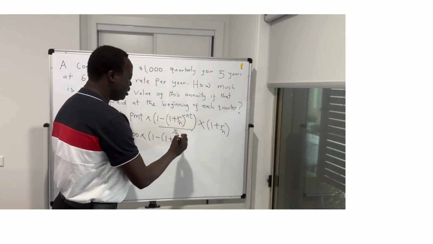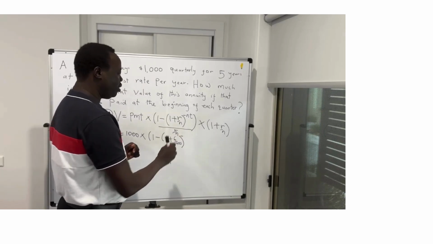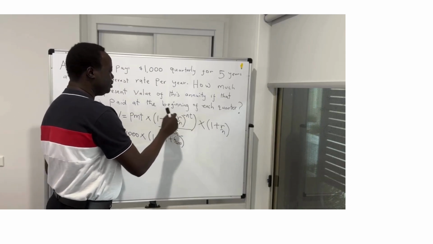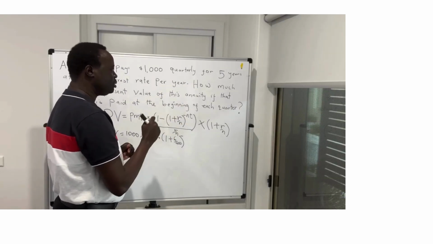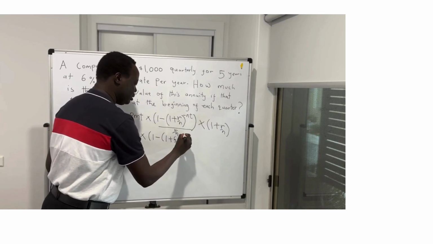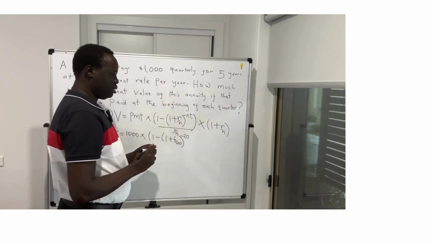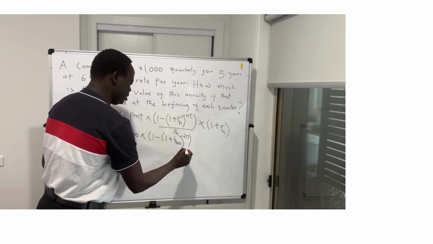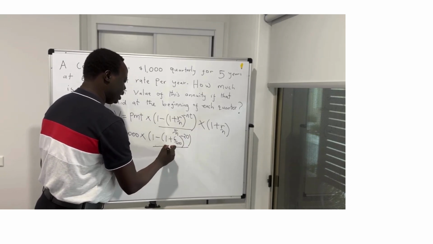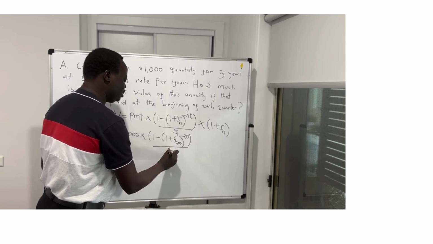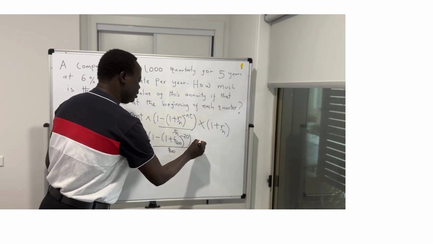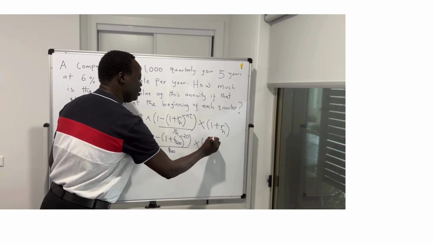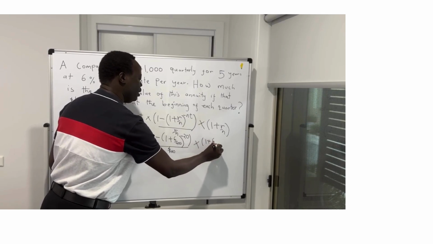Then close parenthesis, and this is raised to the power of negative NT, where N is 4 and T is 5. 4 times 5 is 20. Now you have that, and then you have 6 over 400. Once you have that, you multiply by 1 plus 6 over 400.